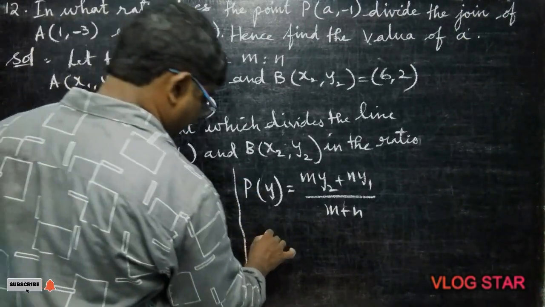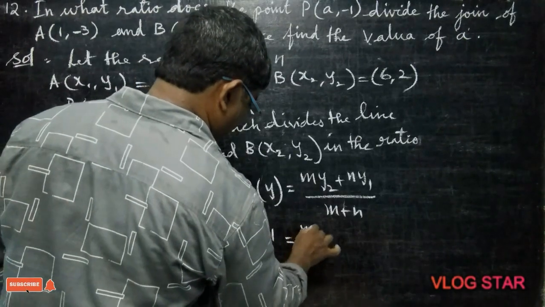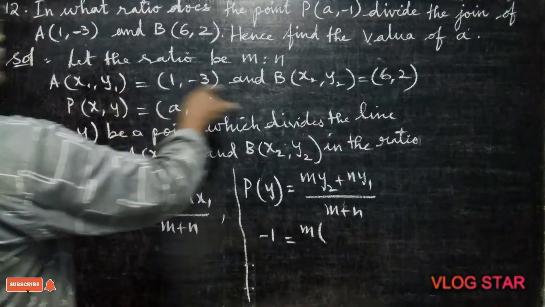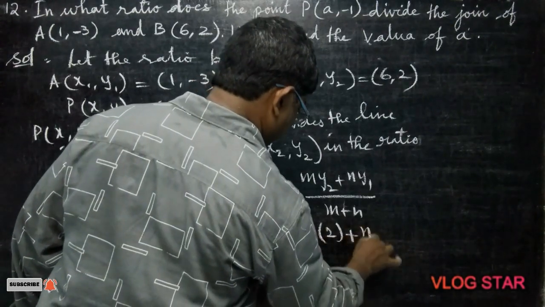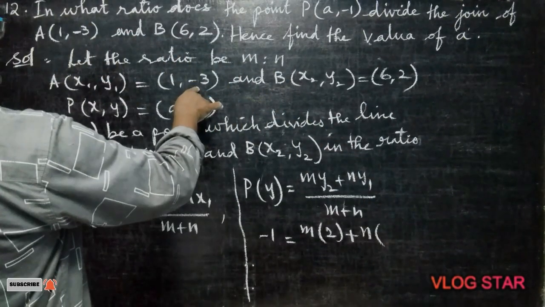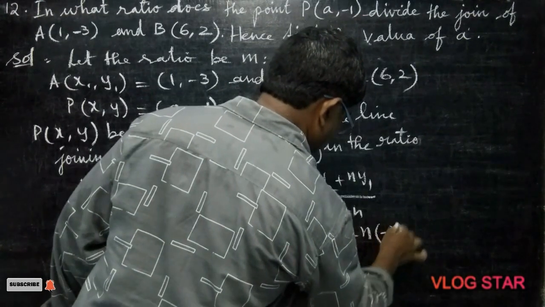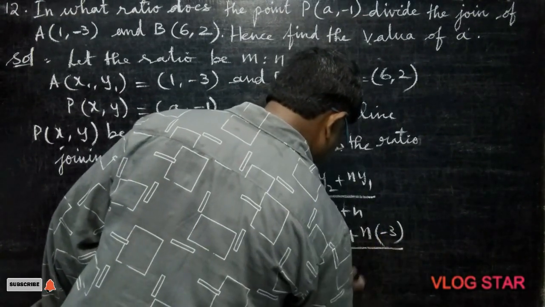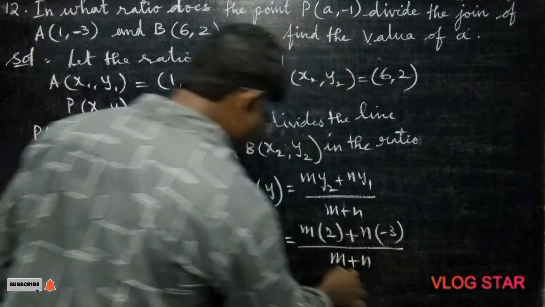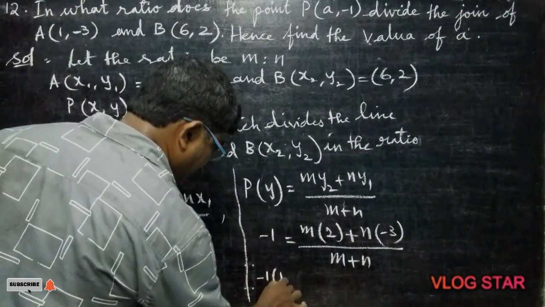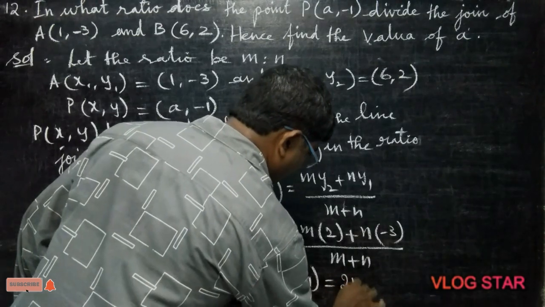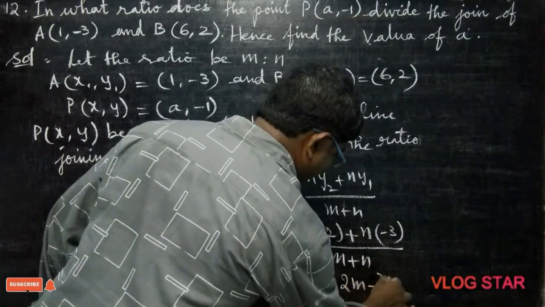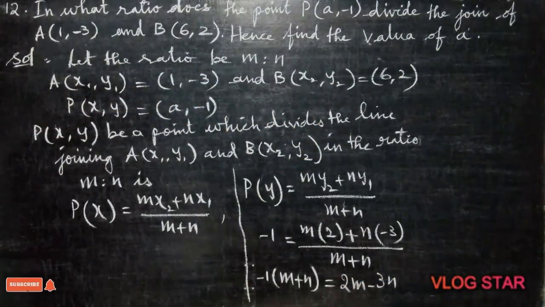So -1 is equal to m, we don't know, y2 how much? 2, plus n into y1 is -3, by (m plus n). Cross multiply. -1 into (m plus n) is equal to 2m minus 3n. Able to follow?